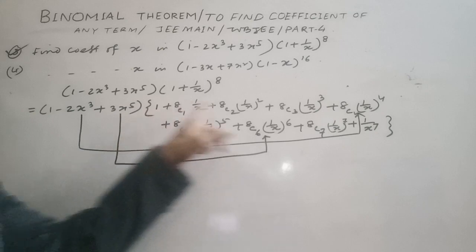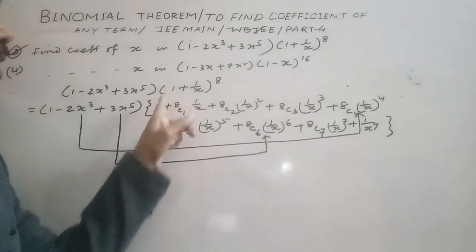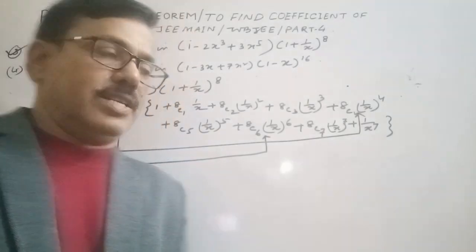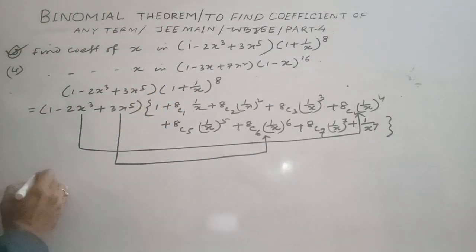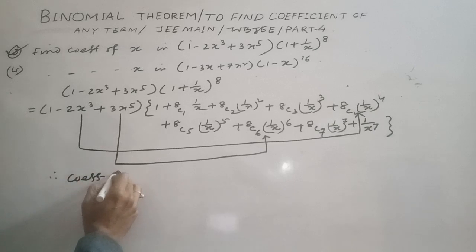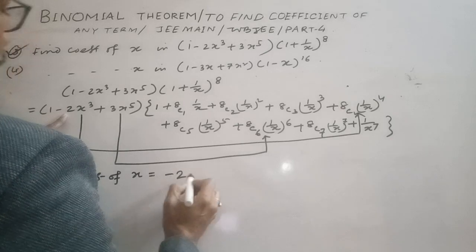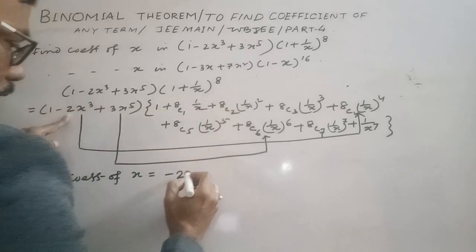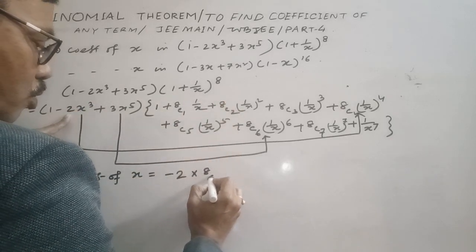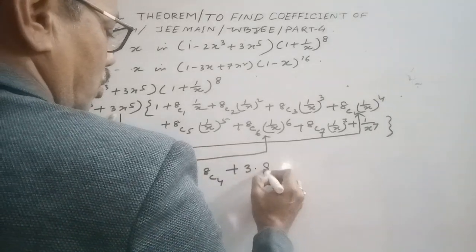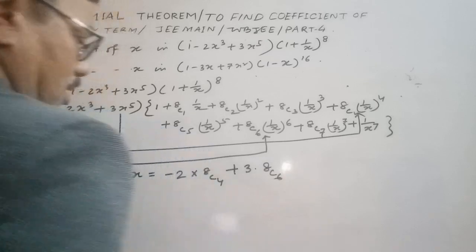But there is no term here involving x. So we are getting only two combinations. Therefore, coefficient of x equals minus 2 into 8c4 plus 3 into 8c6.